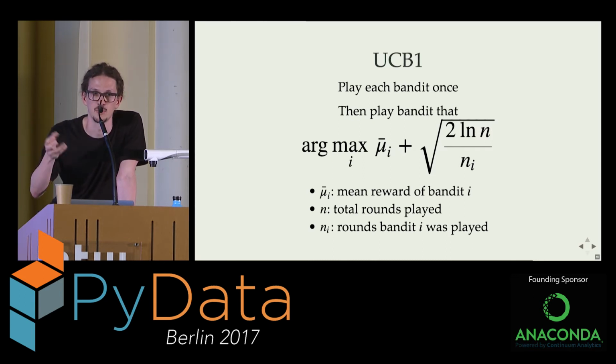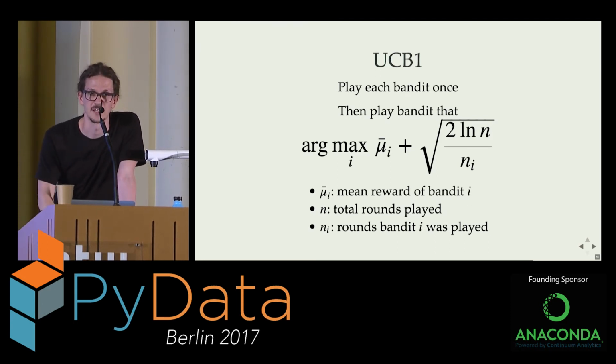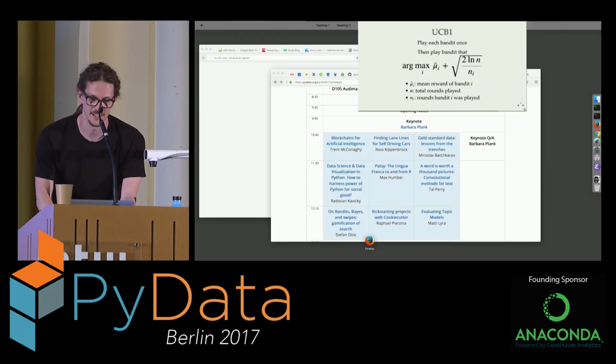It's a big number, so we have a big exploration bonus, basically. But if we played 100 total rounds and played this particular bandit 99 times, we have a big number divided by a big number. It's a small number. We have not really a big exploration bonus, right? That's the idea. That's a bit abstract, right? So let's look at a demo.